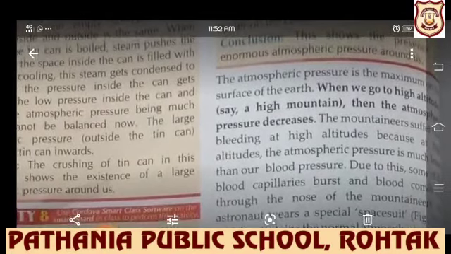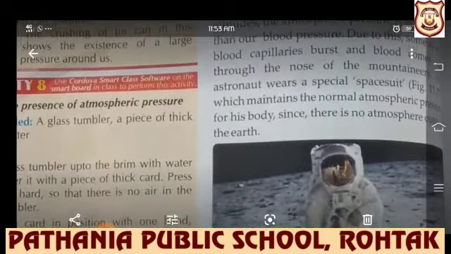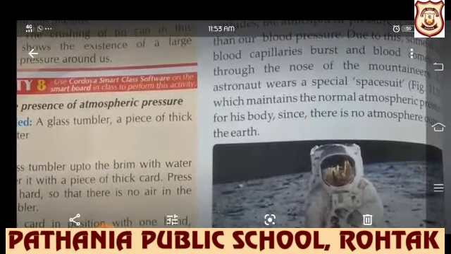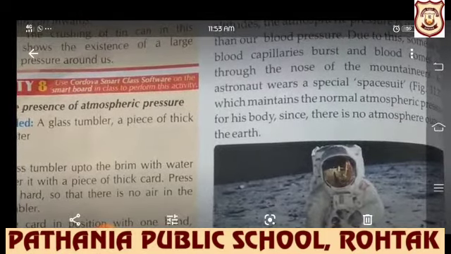Hence, due to this, some of the blood capillaries burst and blood comes out through the nose of the mountaineers. Astronauts wear a special space suit also for the same reason, to maintain the balance between atmospheric pressure and body pressure. That is why they wear a special space suit.